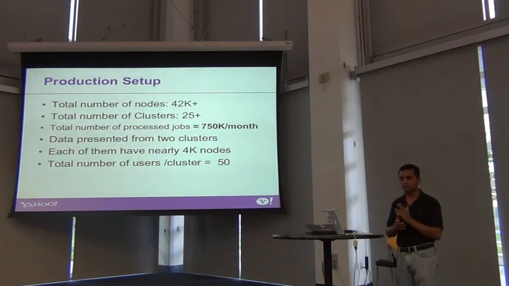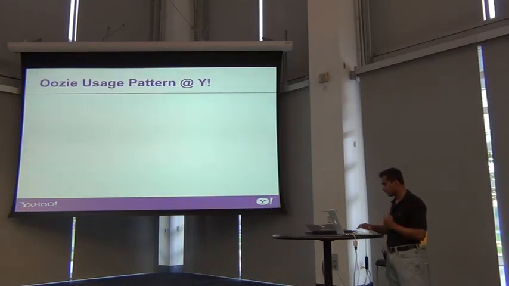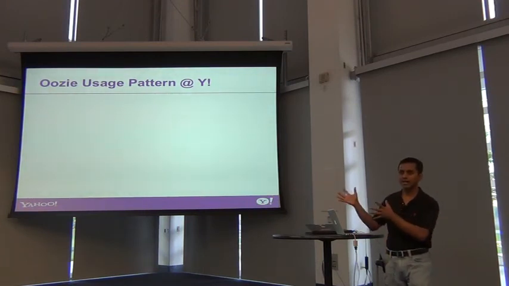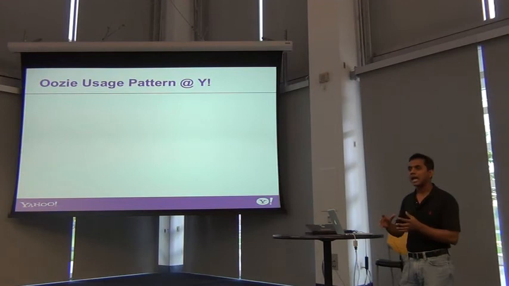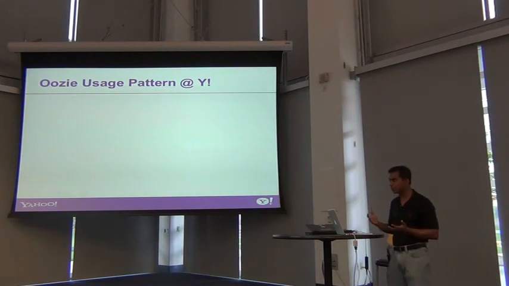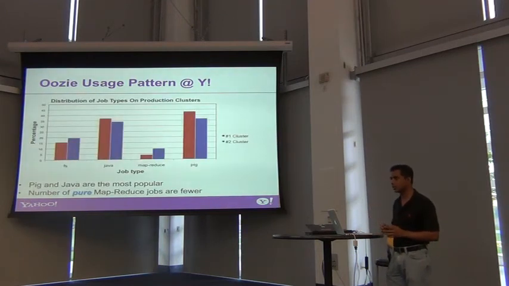But we will present only from 2 clusters. First we will show how users are using it. This is not about whether Oozie is good or bad. This is the experience of how people actually use it in production. In theory you can say a lot of things, but this only shows how we use it in production.